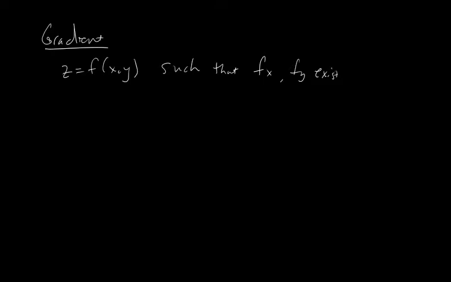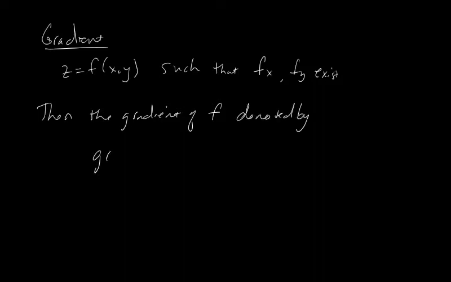All right, then the gradient of f, which is denoted by grad of f of x, y, or more commonly the upside down triangle known as del, we just read it gradient, of f of x, y, is the vector.